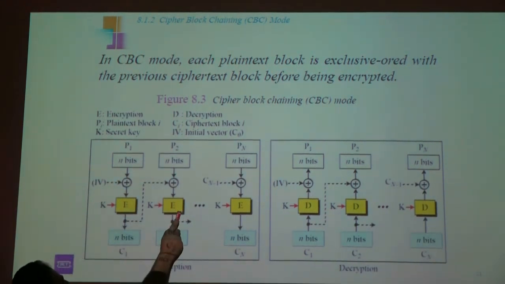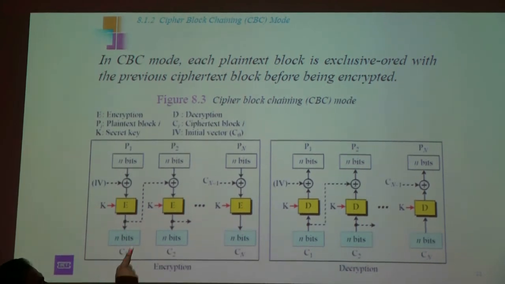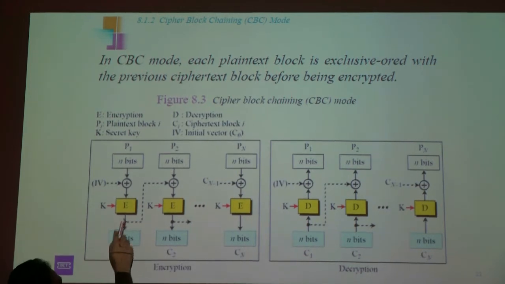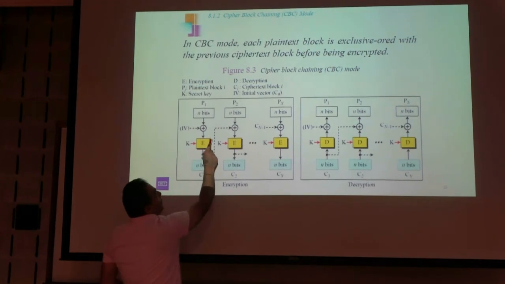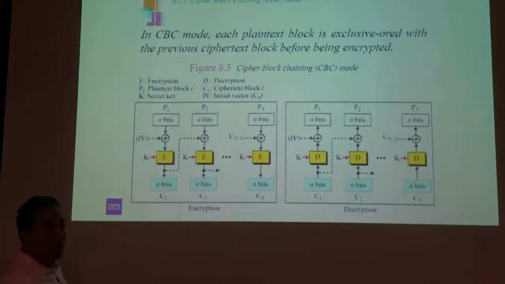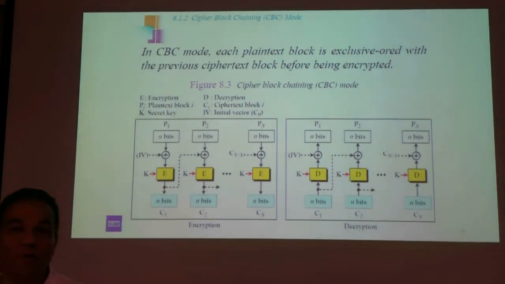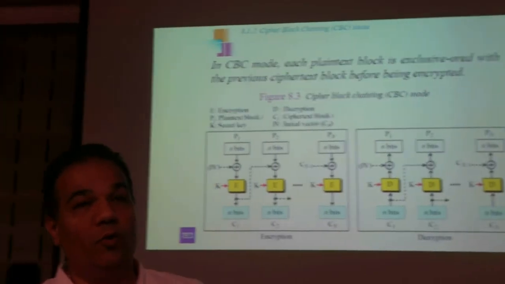Before we do the encryption, I look at the cipher from the previous encryption and I XOR it with the block, and then I do the encryption again. So I have to know the encryption of the previous block to be able to encrypt this block.